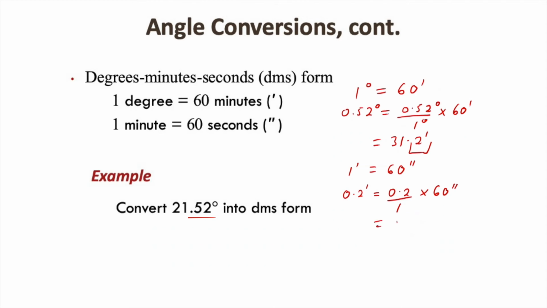And that will give us 12 seconds. Therefore, 21.52 degrees in DMS form will be equal to 21 degrees, 31 minutes, 12 seconds.